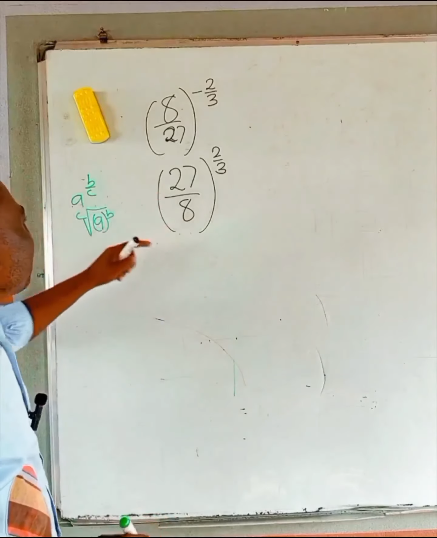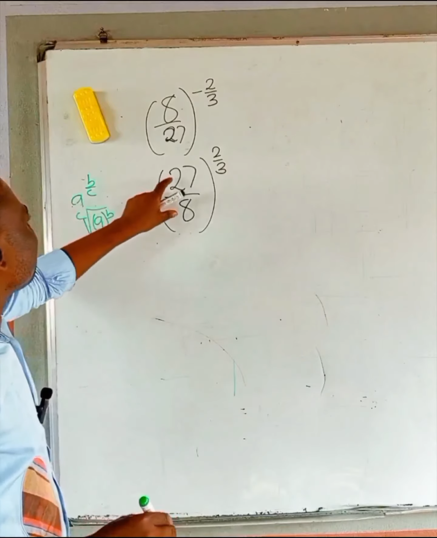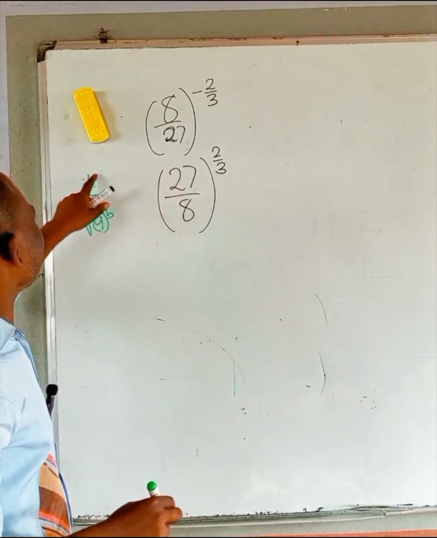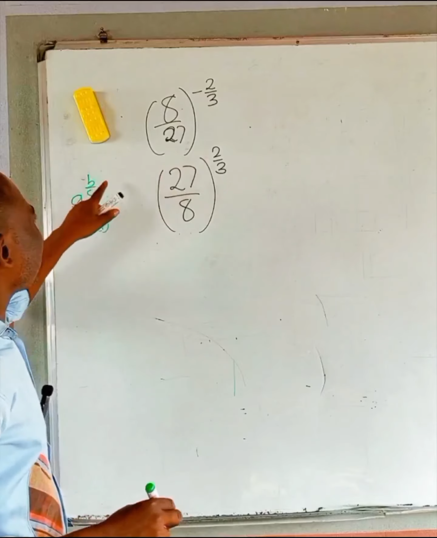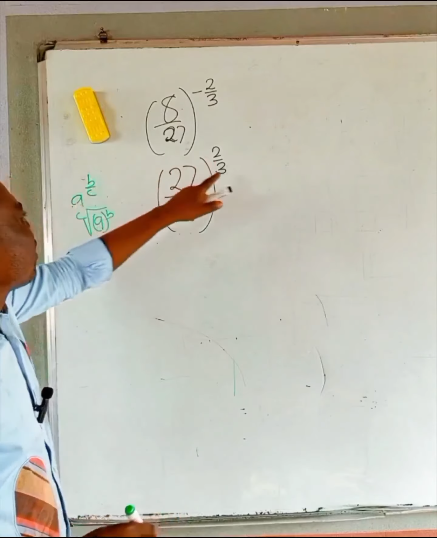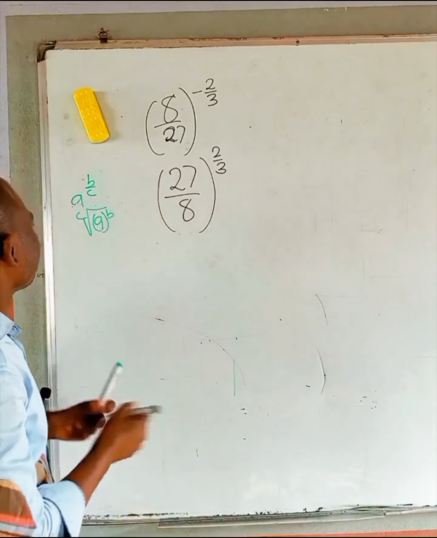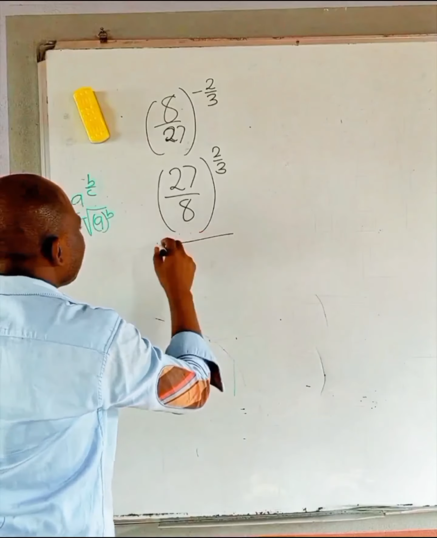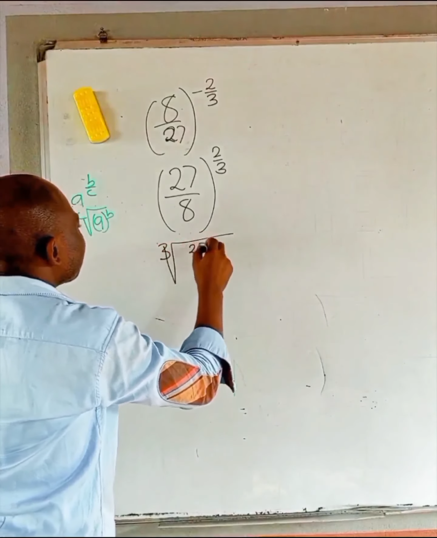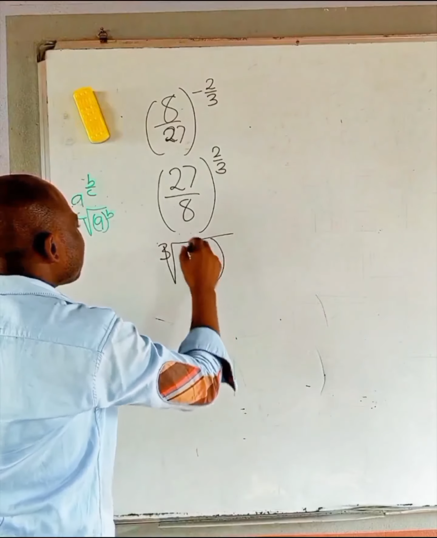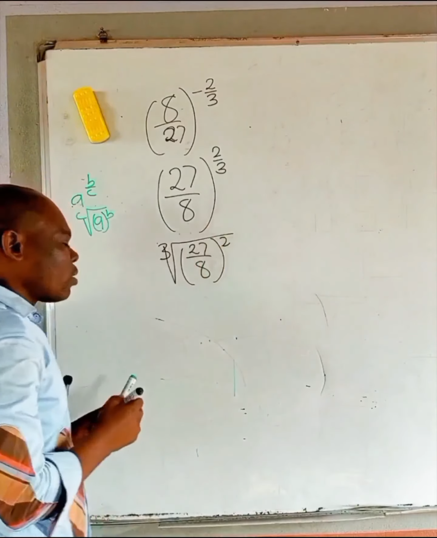So that's what we're going to apply. This a now is 27 over 8, 2 becomes b, this is the division sign, and 3 becomes c. So what we have now becomes the cube root of 27 over 8, raised to the power of 2.